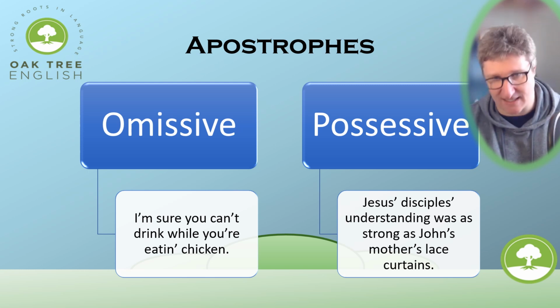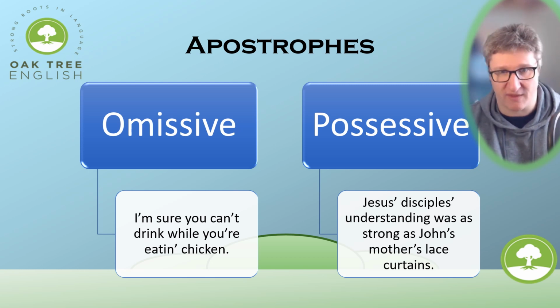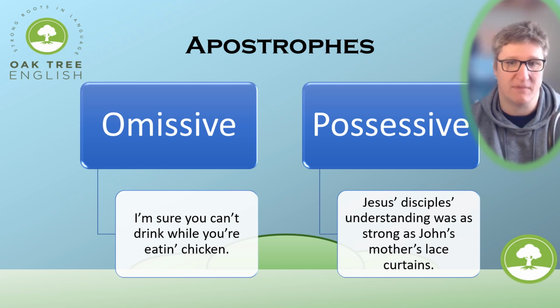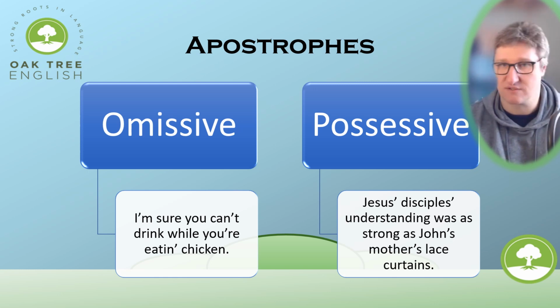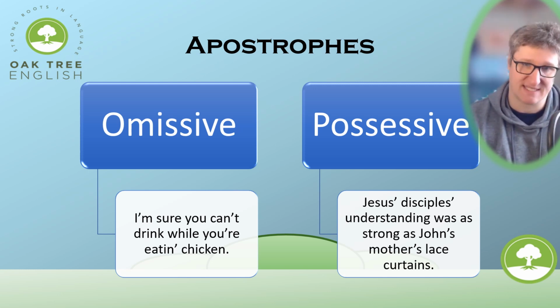So the lace curtains belong to John's mother, therefore John's mother's lace curtains. John only has one mother. Poor lad. John only has one mother, and therefore John's, singular, but with an apostrophe S to make it possessive, mother's with an apostrophe S to make it possessive.